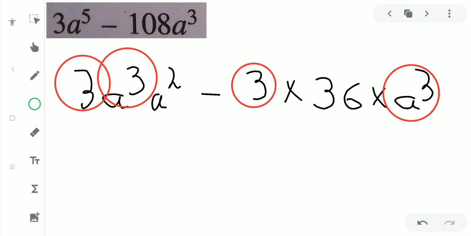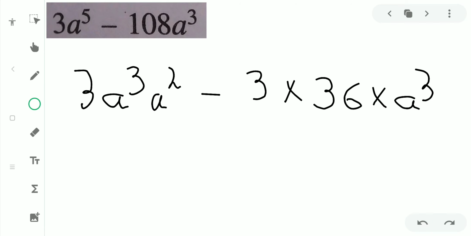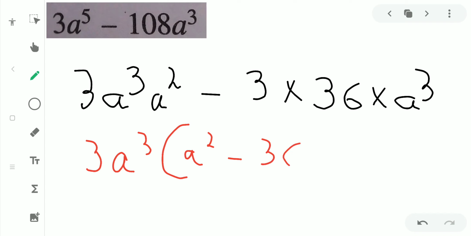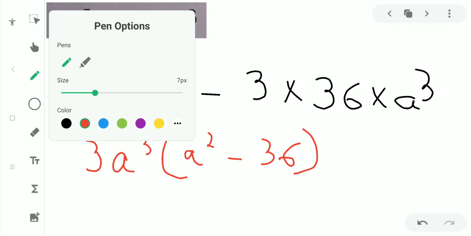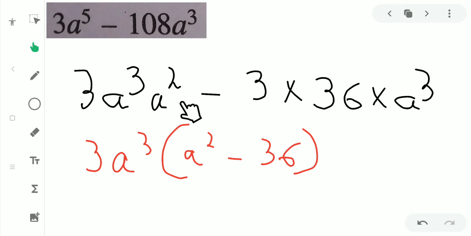So we will get 3 and a cube common. So I will be writing here 3 times a cube, so 3 into a cube times (a square minus 36). Because here the remaining is only a square and here the remaining one is only 36, because we have taken 3 and a cube common.